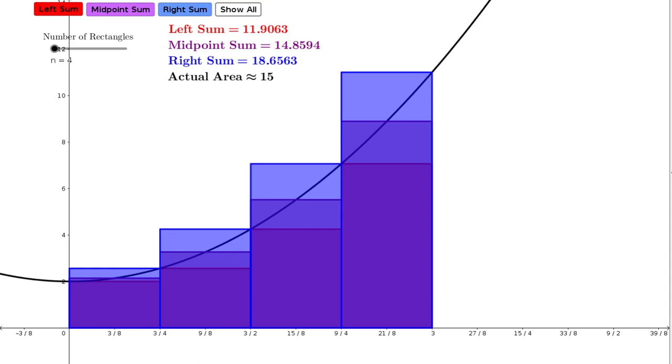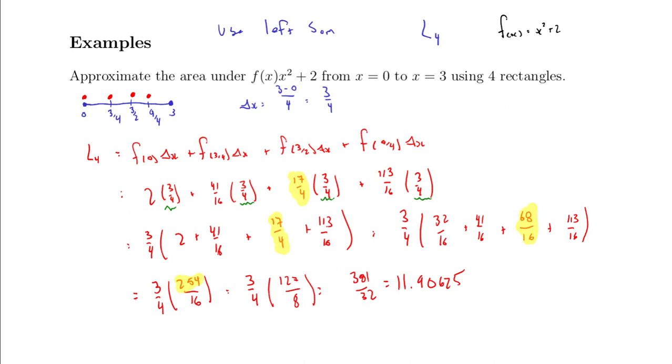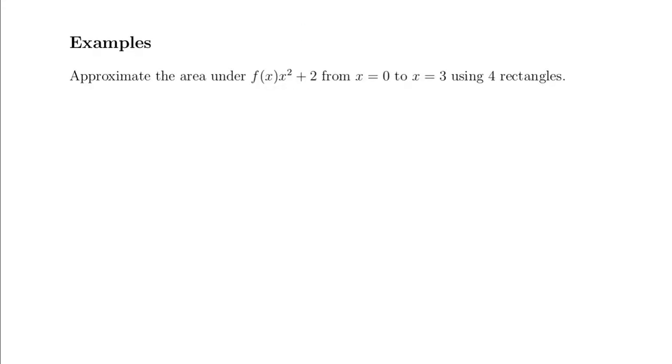Perfect. All right. So what I want you to do now, oh boy, we're asking a lot, right? What I want you to do now is to go ahead and use the right sum. But I'll give you a couple of hints. We'll set some stuff up together. So we're going to call this R sub 4. Let's draw out the partition from 0 to 3. We'll cut this up again, we've got 3/4, 3/2, and then 9/4.